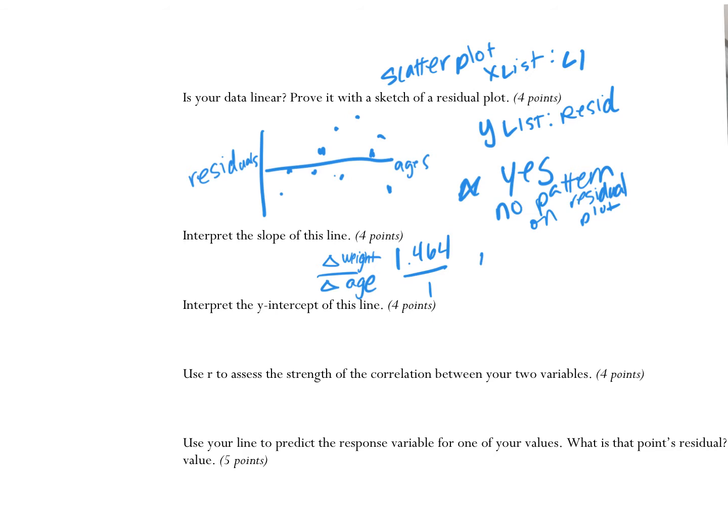So we're going to say for every increase in 1 week of age, because that's what going up by 1 in age really means, read as weight increased by an average of 1.464 pounds.